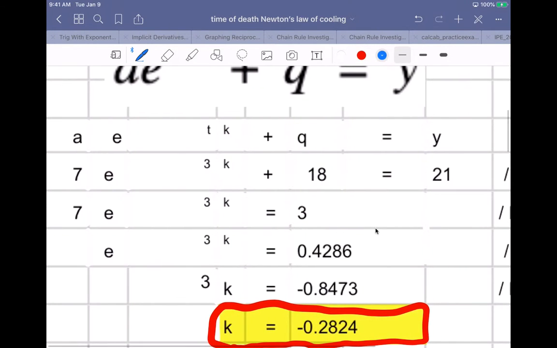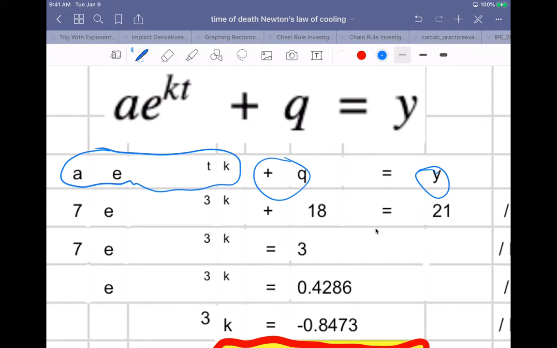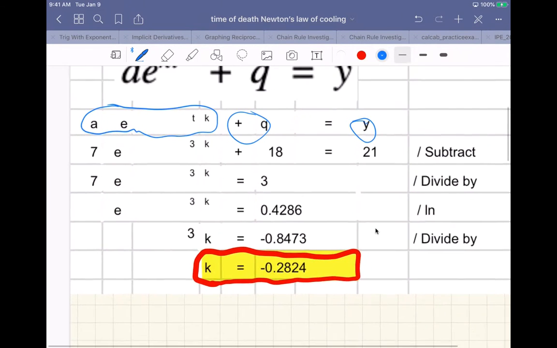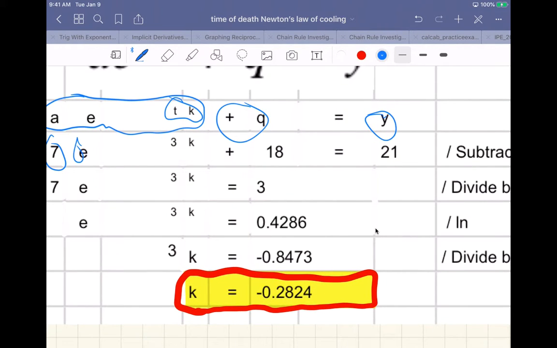So here's our equation, a times e to the tk, and sorry about the spacing. I've set it up in a spreadsheet so that it's easier to do. And then plus q, and y is the value that we know. So I substituted everything in. I know that 7 is the a value multiplied by e to the t times k, but t times k can be written as k times t, because in this case, I know that the time is 3 hours.